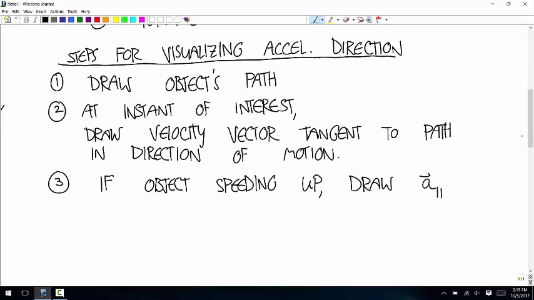And if it's speeding up, based on what you know from 1D, do you think A parallel is in the same direction as the velocity or the opposite direction of the velocity? Same, yep. So draw A parallel in the same direction as the velocity. And if the object is slowing down, draw it in the opposite direction.